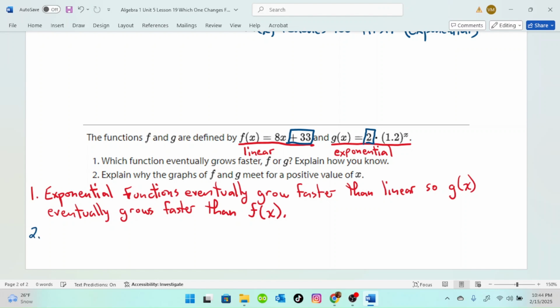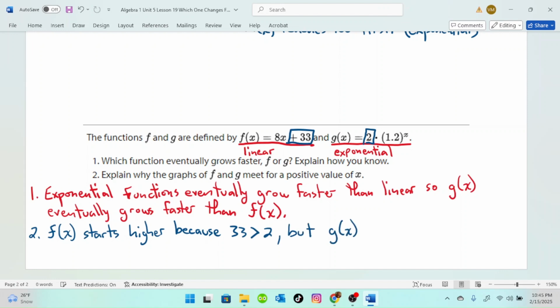So what we know is f of x starts higher because 33 is greater than 2, but g of x eventually grows faster and crosses above f of x.